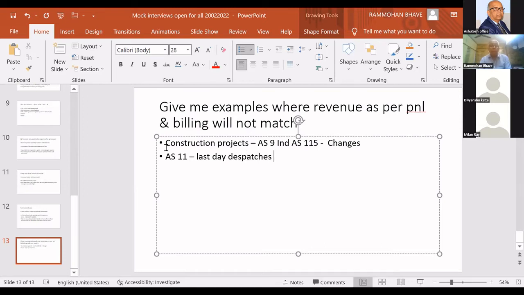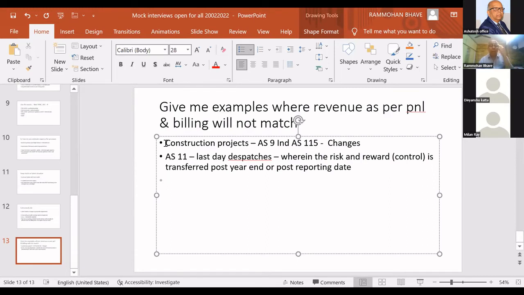Last day dispatches wherein the risk and reward, and in the new language control, Ind AS 115 calls it control, is transferred post year end or post reporting date. Okay. Anything else?